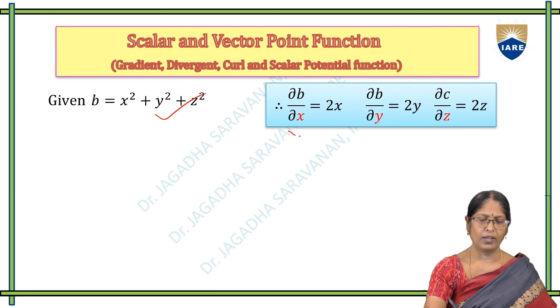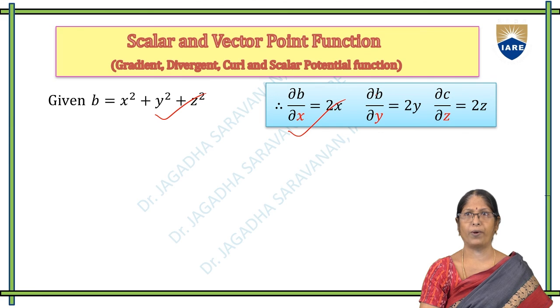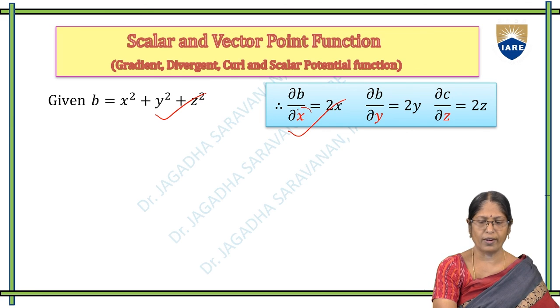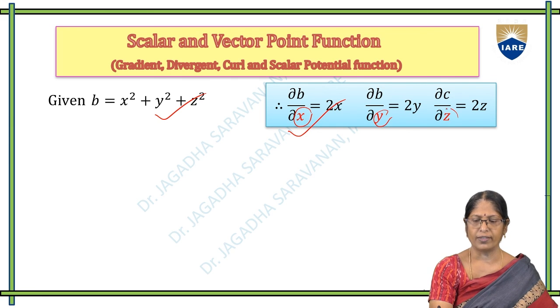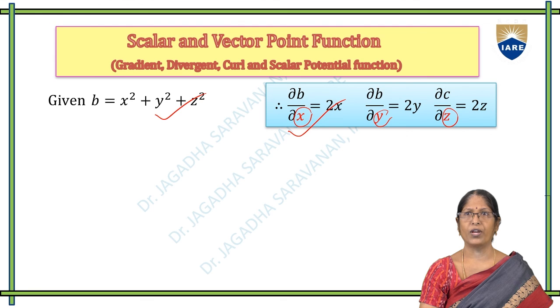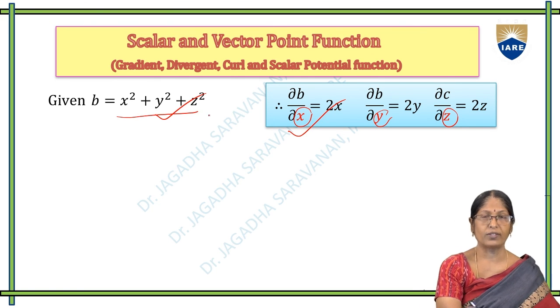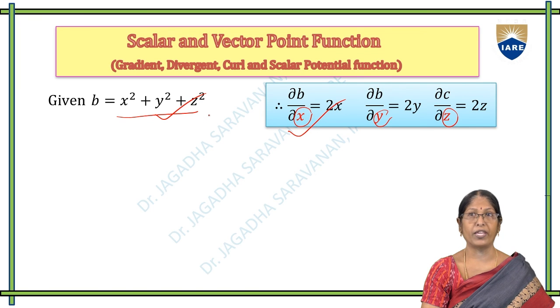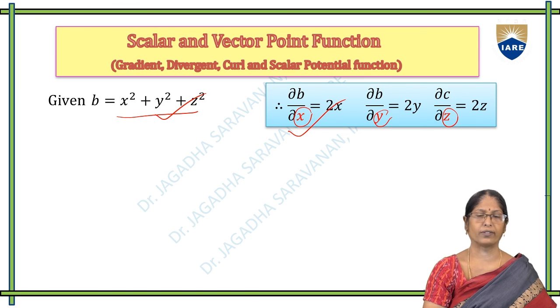Here we can see the animation part which is given in different colors, that is the variables x, y, z, representing that we are doing partial differentiation regarding those variables. So the first one is dou B by dou x. Here we are searching for our variable related to x.